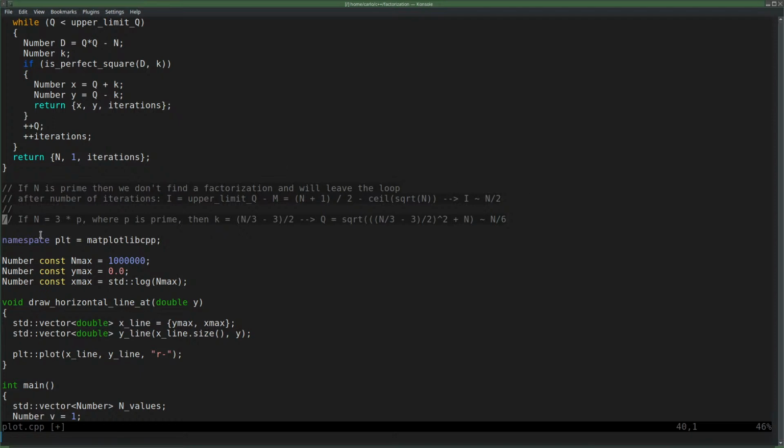So the larger the smallest factor becomes, the less we are equal to this. And we're also ignoring the square root of n compared to n.